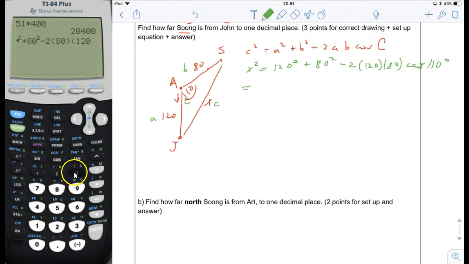It doesn't really matter which you multiply first, times the cosine of 110 degrees. Since we put mode degrees, it knows that 110 is 110 degrees. And I get x squared equals 27367. And then we just need to take the square root of that to find out what x is.